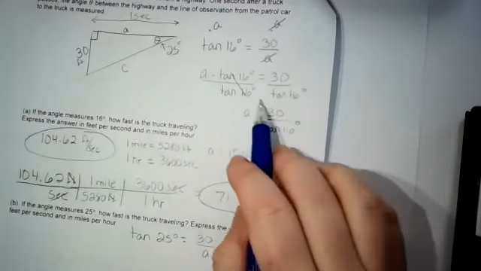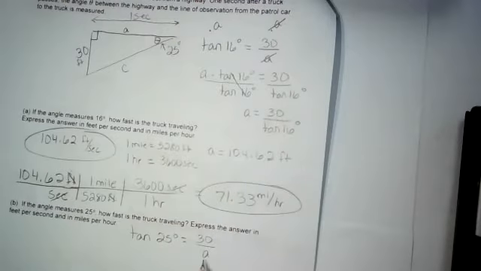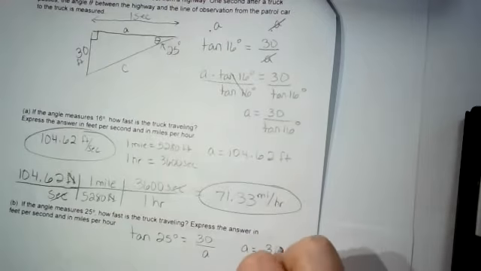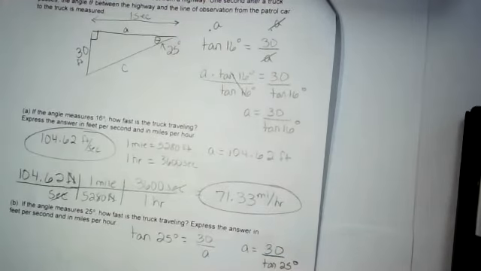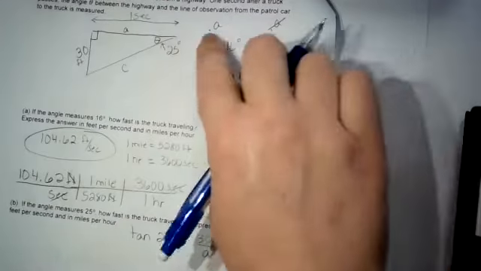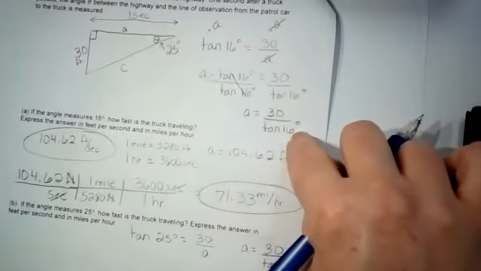And then we showed how we got the math. But remember, if what we want is in the bottom, we can just real quick and dirty switch places here. So I can say A is 30 over tan of 25. Is everybody okay if I just do that? You guys can kind of see how we did it up here. Is that all right? Okay.